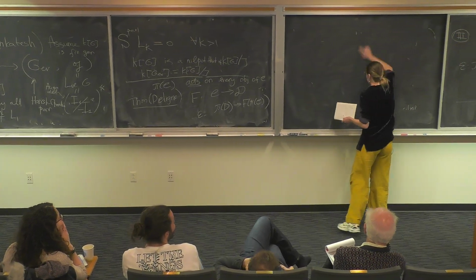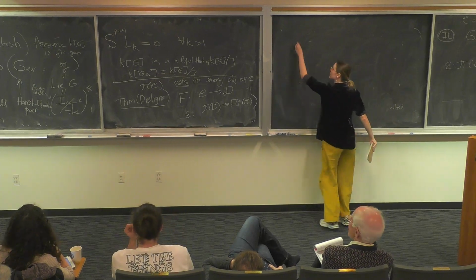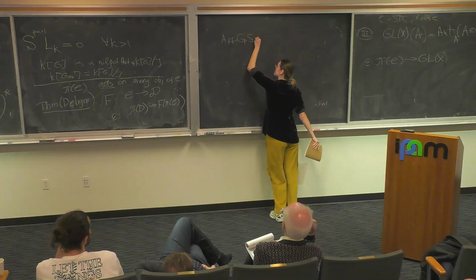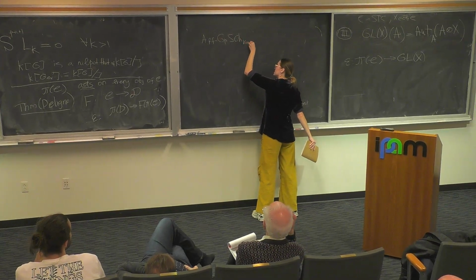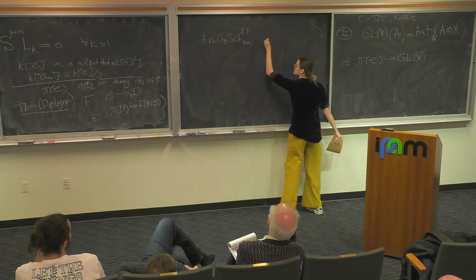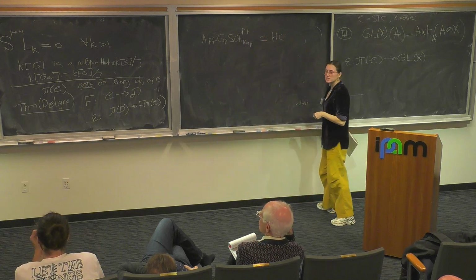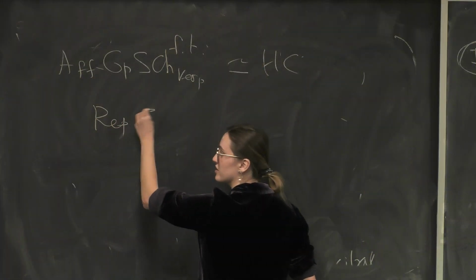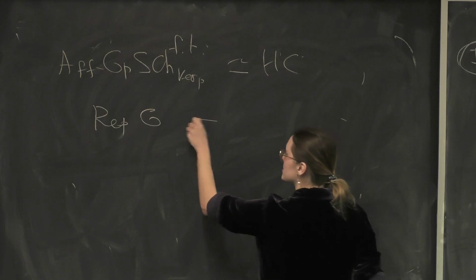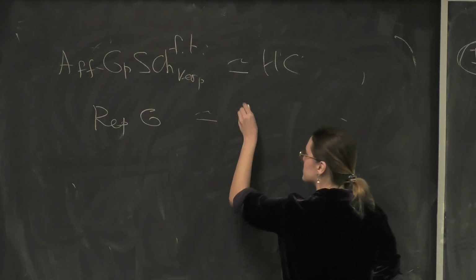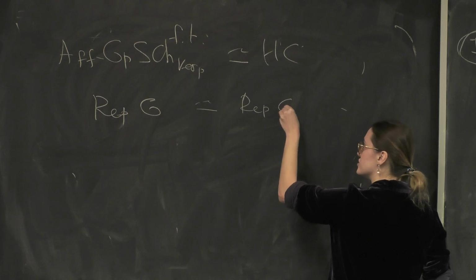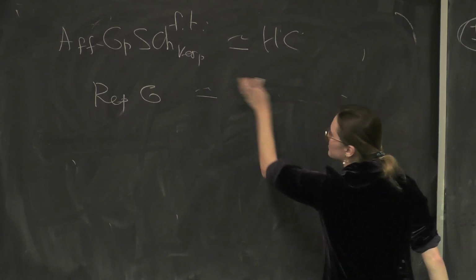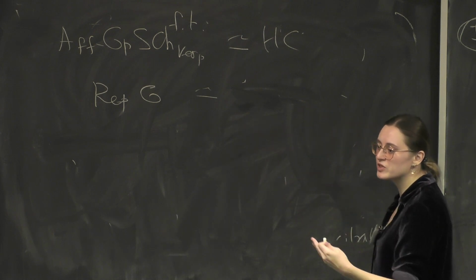So first of all, we get an equivalence of categories of affine group schemes of finite type in Verlinde P and Harish-Chandra pairs, and in particular, you get that representations of any affine group scheme G as a category is equivalent to representations of G even and some sort of data where you get a representation of an even group.